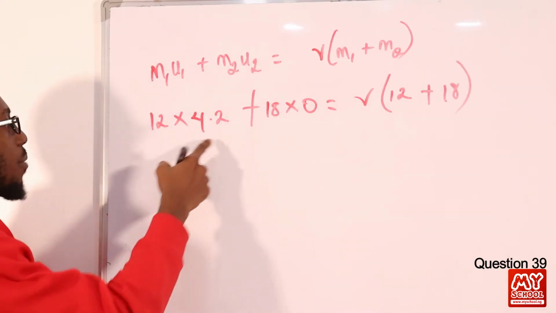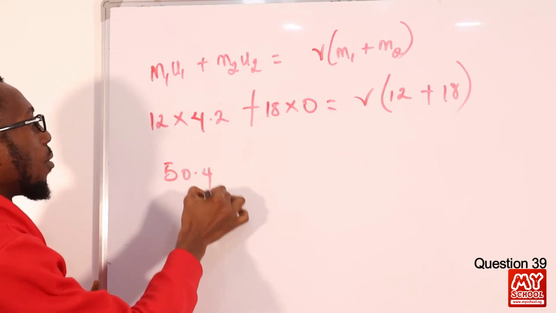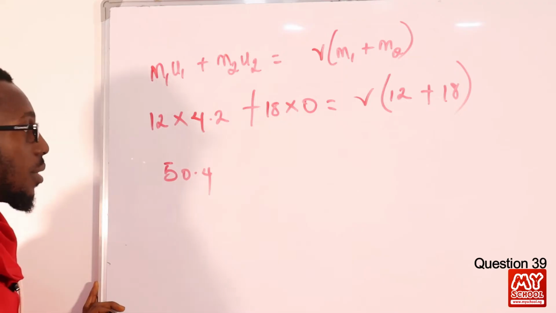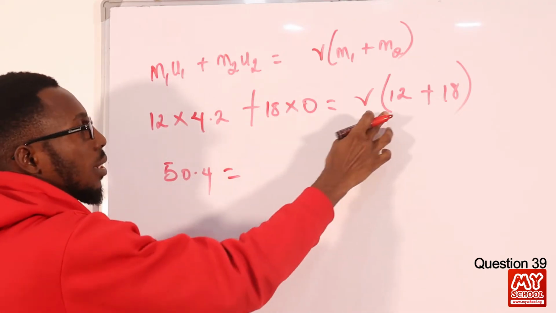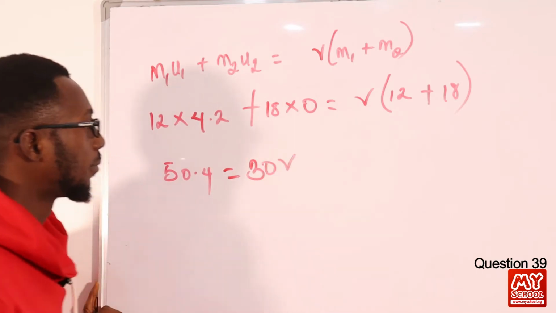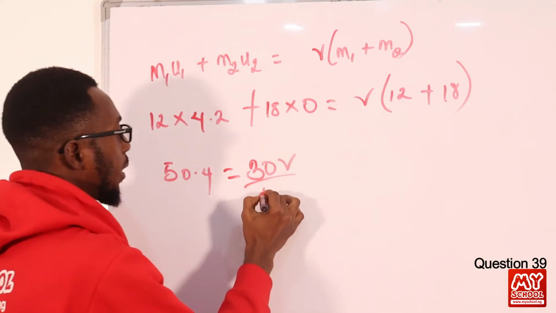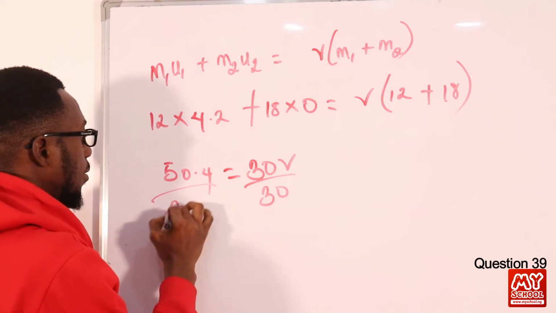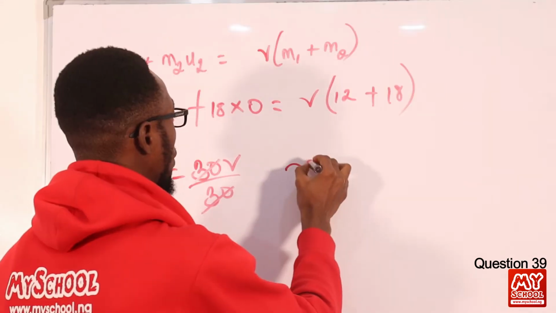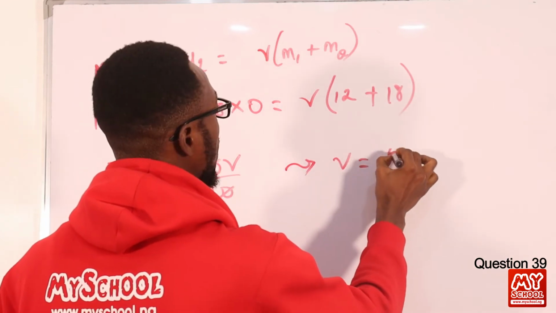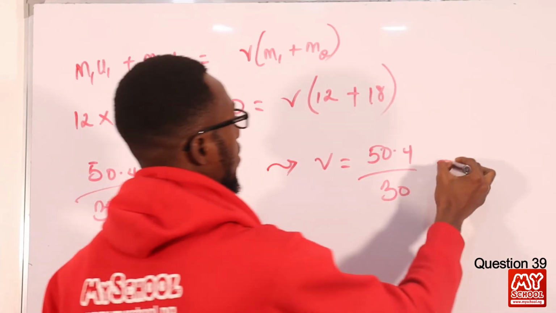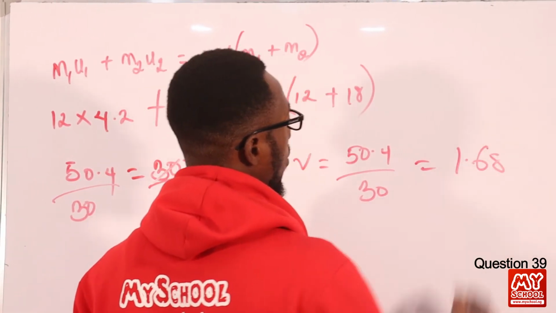So I have this times this should give me 50.4. 18 times 0 is 0, plus this is still this, so I have equals 12 plus 18, that is 30V. If I divide both sides by 30, of course you can punch your calculator, but I'll do it this way, V equals 50.4 over 30, so that is roughly 1.68.